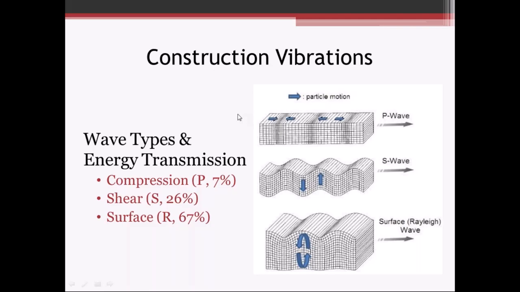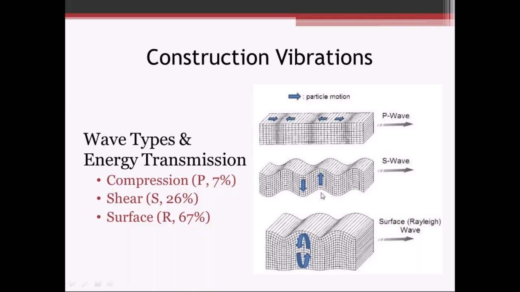You can think of that in some ways as like traffic moving down a highway. You get to a traffic jam and the cars start to bunch up, and then traffic opens back up again and they start to separate. That's a good analogy for the compression and tension on those P waves.